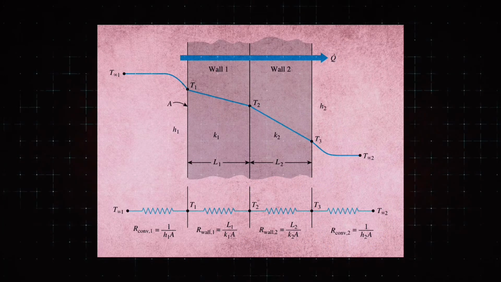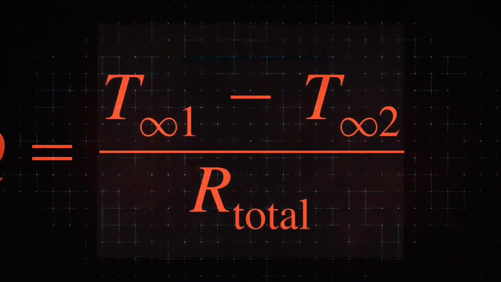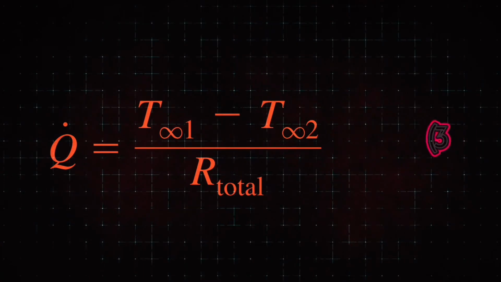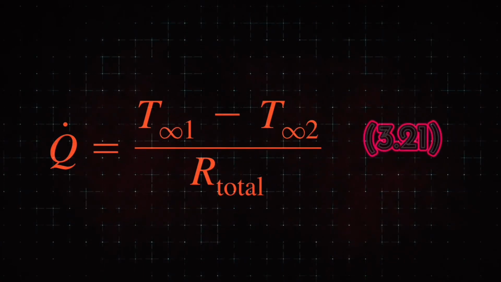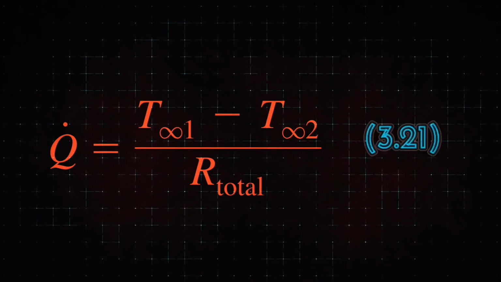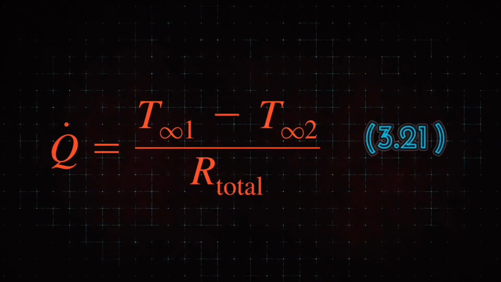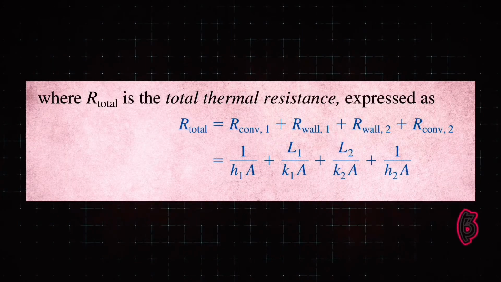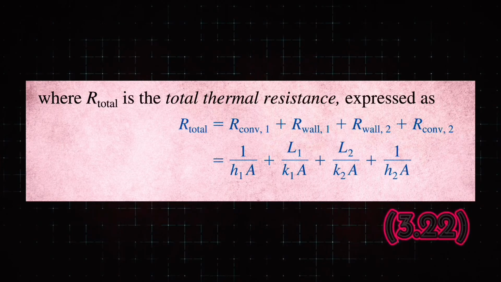By dividing the temperature difference between two surfaces at known temperatures by the total thermal resistance, the rate of steady heat transfer through this two-layer composite wall can be expressed in equation 321. The R total is the total thermal resistance as shown in equation 322.